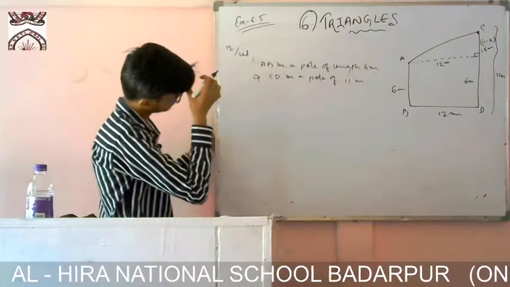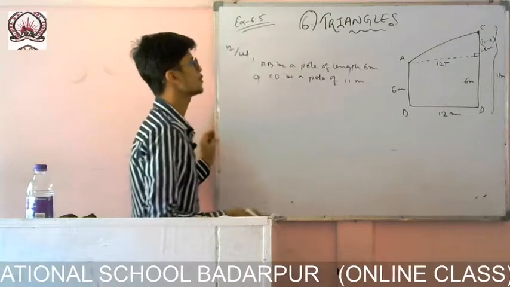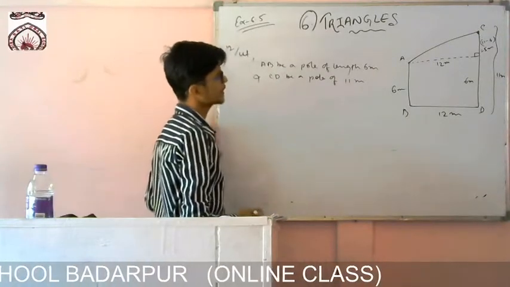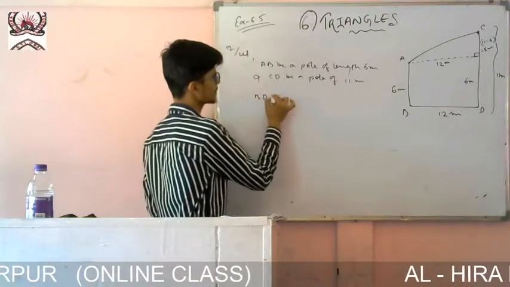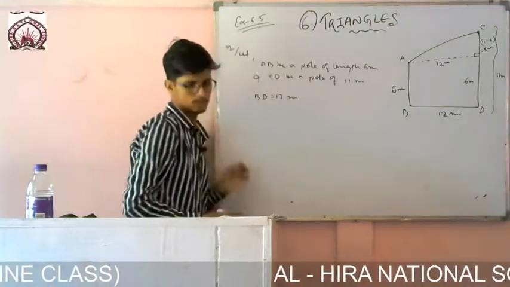Okay. Or you can write: let AB and CD be 2 poles of length 6 meter and 11 meter. Okay, and the distance between the bases, so base BD is given as 12 meter.